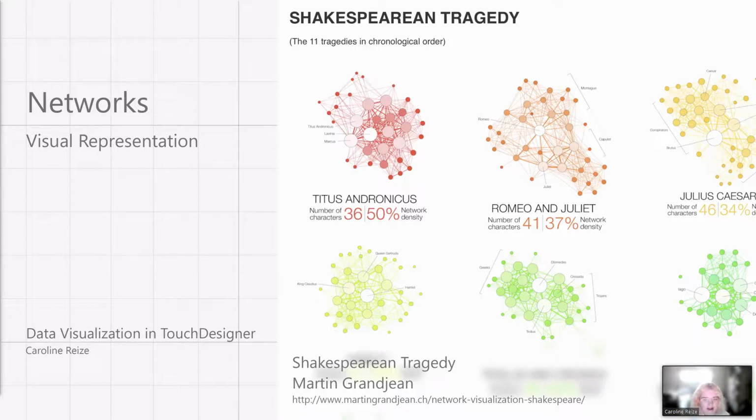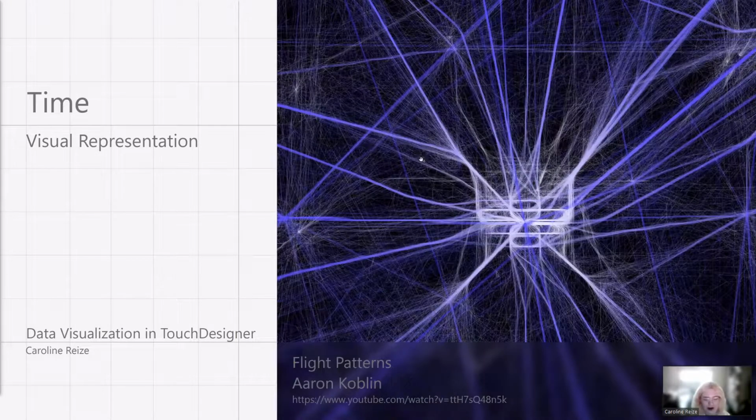But this can be a little bit difficult to view if there's too many relations between these data points. Then it will probably just become a really messy glob of lines and points. So be careful about that.